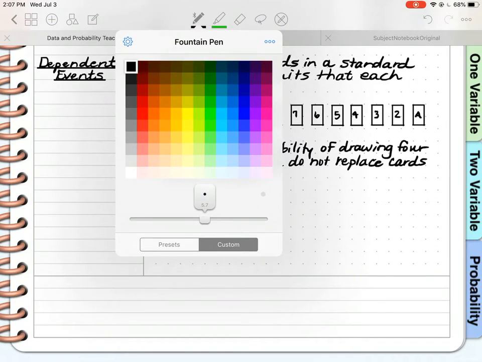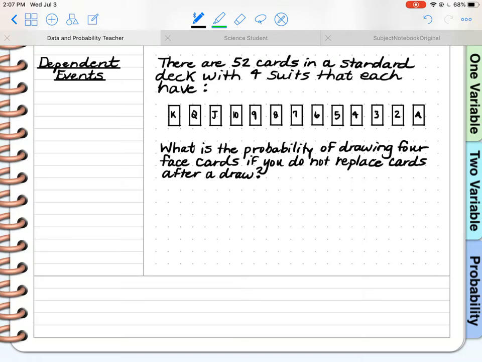So the definition of dependent events is second events whose probability depends on a first event.